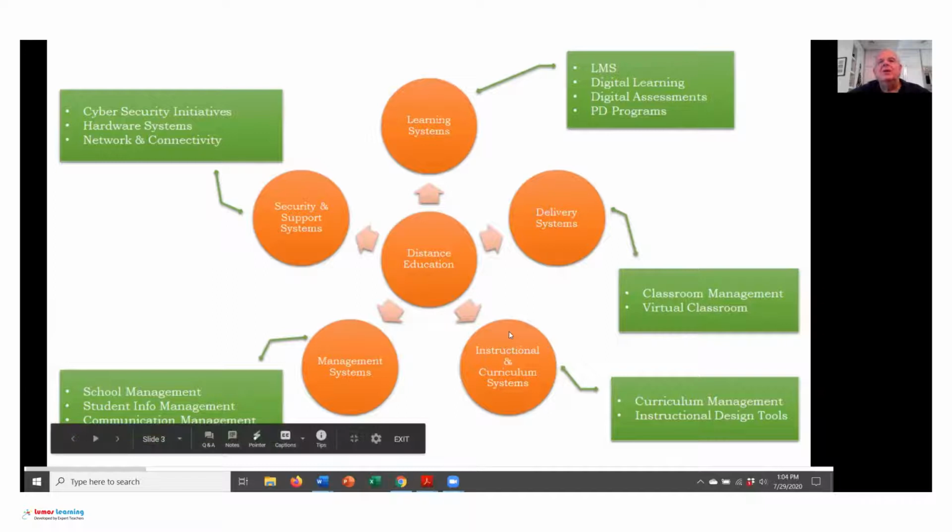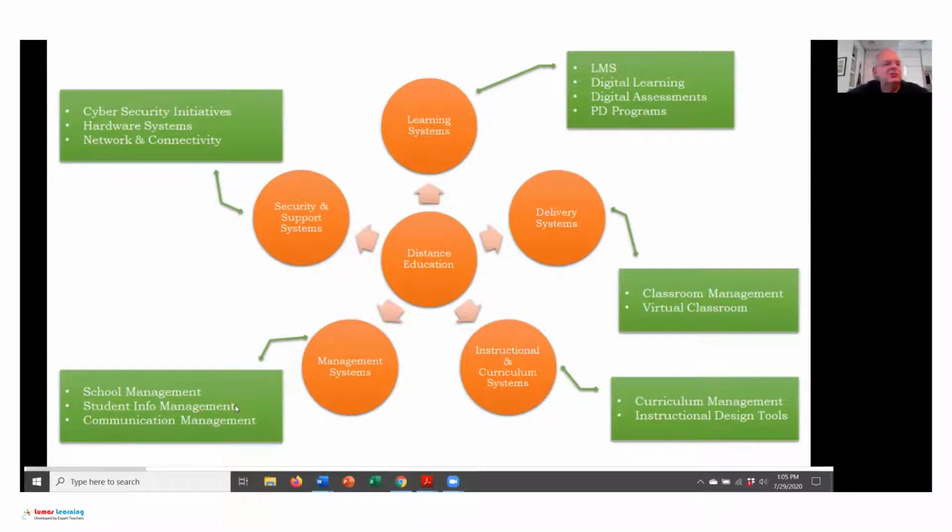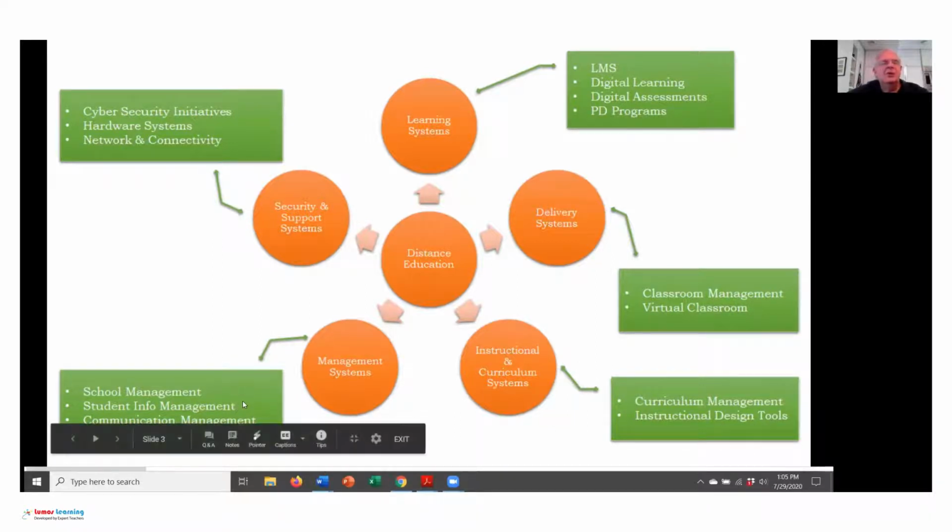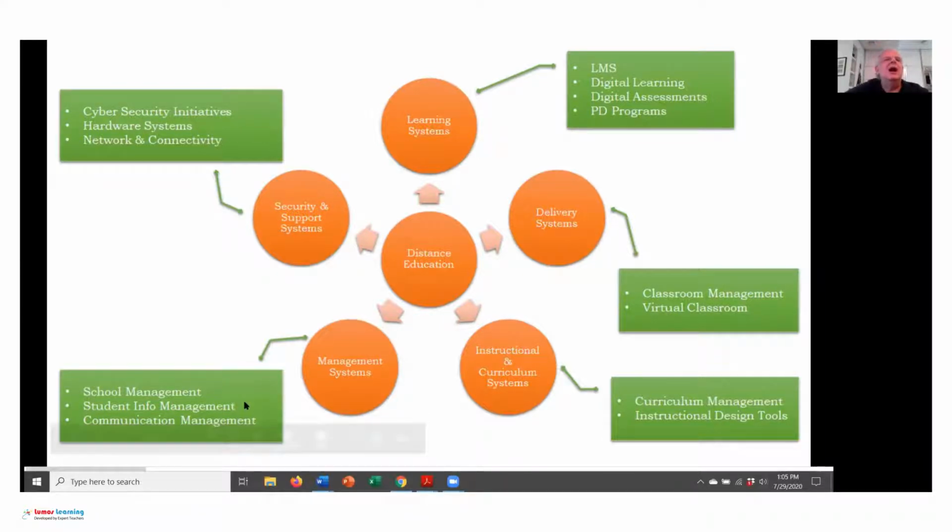And then we have instructional and curriculum systems. So this is instructional design tools, curriculum management. This is like iReady or Lumos Learning. Management systems: this is everything that keeps track of it from an administrator's or teacher's point of view, the communication systems for administrators and teachers communicating with each other, with students, and with parents.